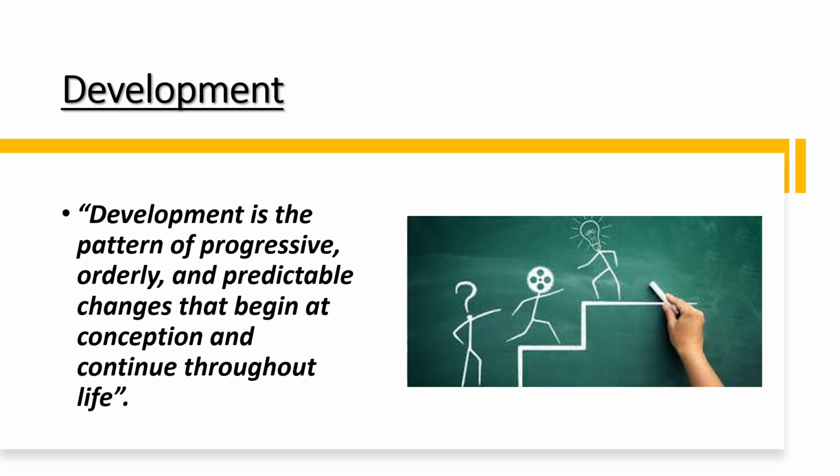And it follows some pattern. Progressive, orderly and predictable changes means we will be undergoing so many changes, and some changes we can predict.